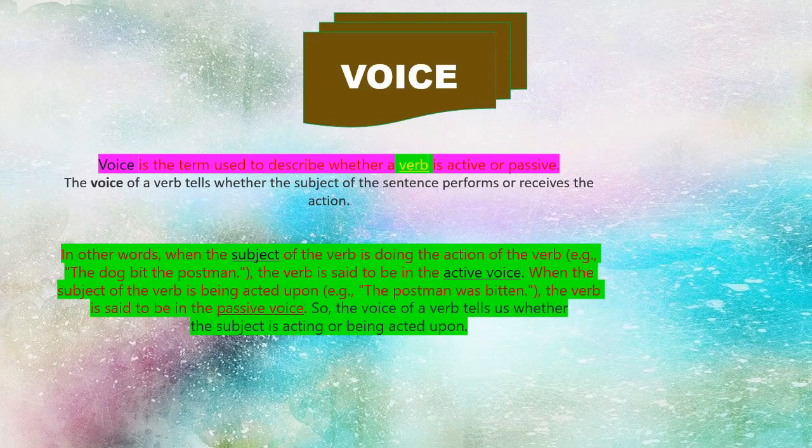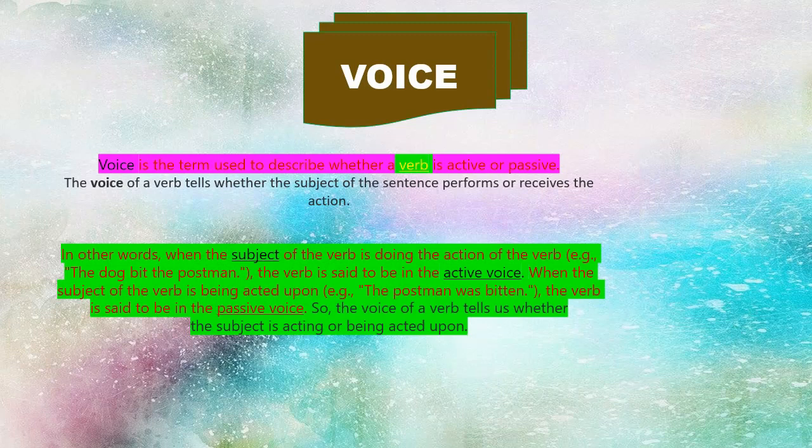In other words, when the subject of the verb is doing the action of the verb, for example, the dog bit the postman, the verb is said to be in the active voice, as you can see over here. When the subject of the verb is being acted upon, the postman was bitten, the verb is said to be in the passive voice.